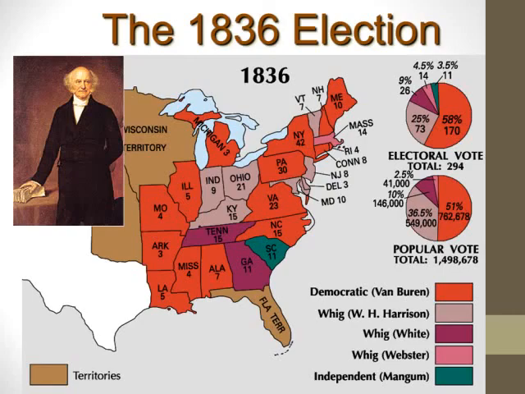Share those photos later. Election of 1836. Martin Van Buren runs as a Democrat, and the Whigs are like, we're geniuses. We will make sure that Democrats never win again. We will run 4 candidates from each section, and there's no way they'll be able to win because we're going to divide the vote. It's going to go to the House of Representatives, and then we'll be able to win there.